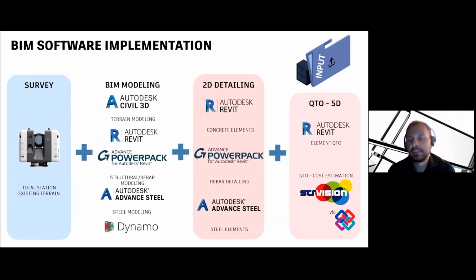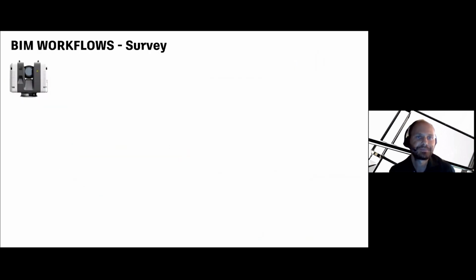Finally, for the final request from the client, for quantity takeoff, we use Revit for preliminary quantity takeoff, and then for the final quantity takeoff and cost estimation document, we use a software called STR Revision CPM that is IFC compliant, in which we use the IFC directly exported from the BIM models in Revit.